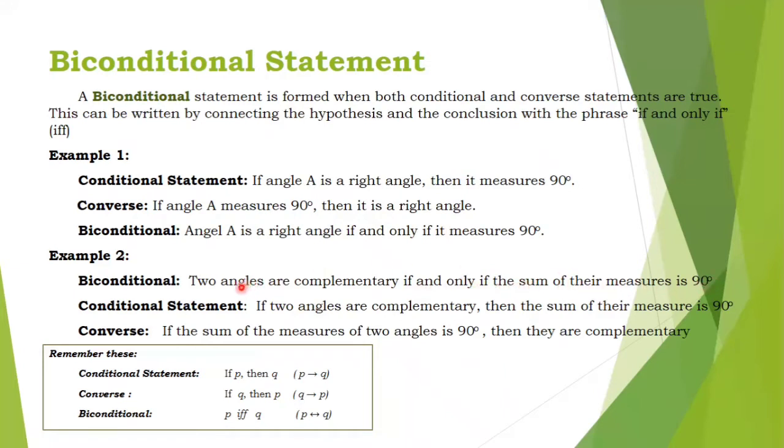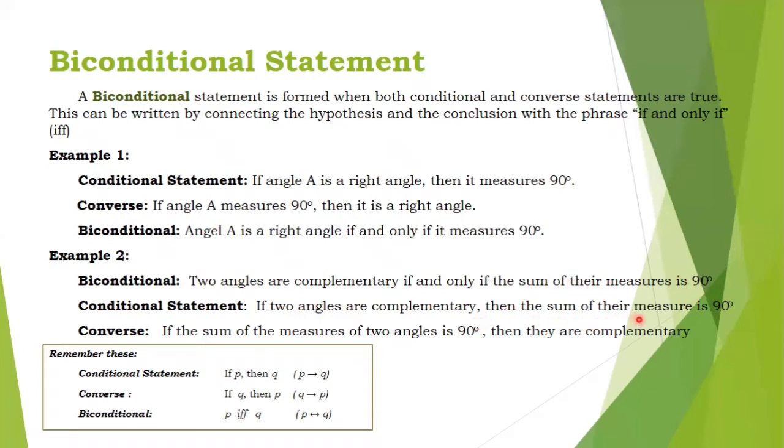So, if you already know the hypothesis and the conclusion, then you can write the conditional statement. So, conditional statement, if P, or hypothesis, then Q, or conclusion. Okay, so we have the conditional statement, if followed by the hypothesis. Okay, if two angles are complementary, then we have this conclusion.